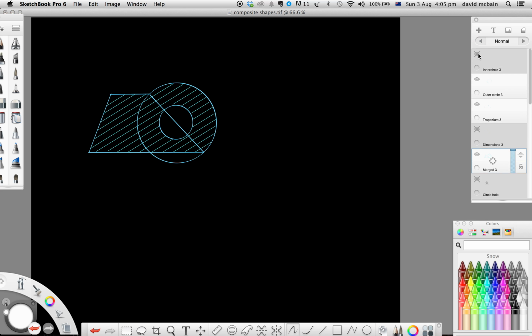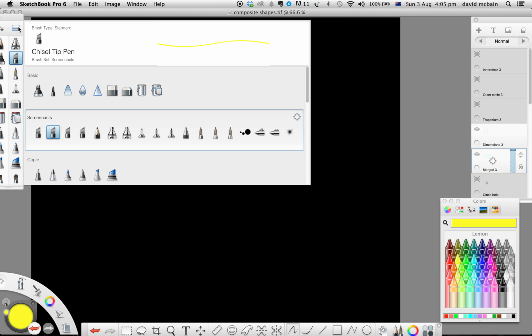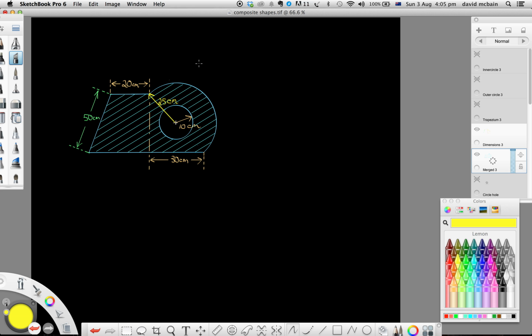Let's now go ahead and work this area out. First step, write down the names of the shapes that we're going to be using.